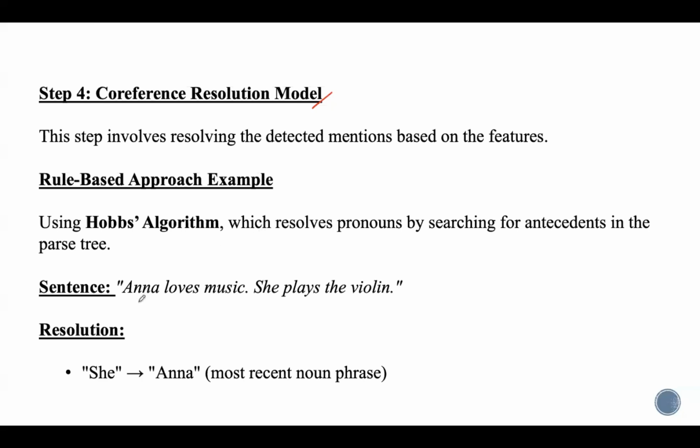In the sentences Anna loves music, she plays the violin, this she refers to the most recent noun phrase, that is Anna. And centroid based approaches are used here, which assign salience scores to mentions and select the highest.